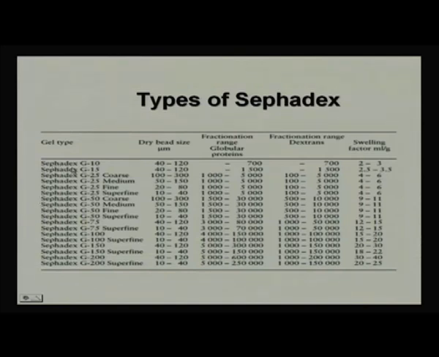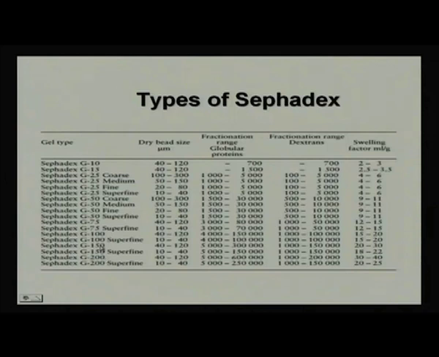Sephadex G10, G15, G25, G50, G75, G100, G150, G200 are some of the categories, and from this number we can select the range, that means how big the protein size will be, to use this particular bead for separation of our targeted macromolecules.